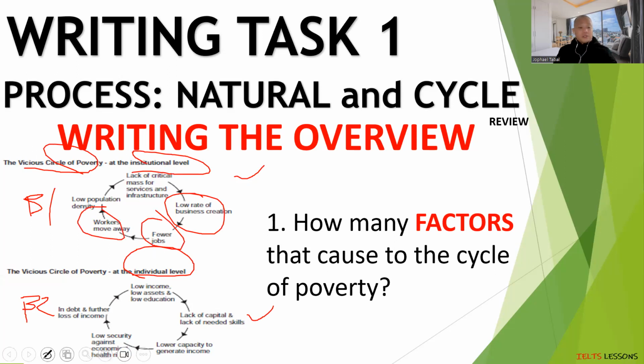For example, the reason why there is poverty at the institutional level is because of insufficient people to work in services and infrastructure. So you can start from here, then go to the next reason, the effects, and then go to the next effect, and so on.